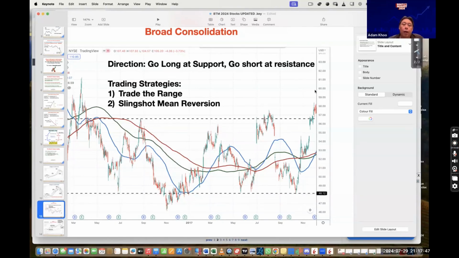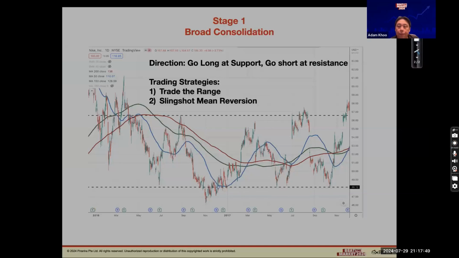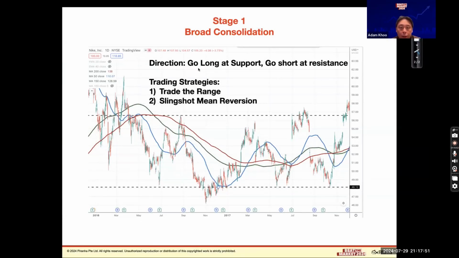By the way, in stage one, we go long, that means we buy near the support, right? When it hits the support, we buy. But when it goes to the resistance, can we sell? Could we short sell here to catch it down? Yeah.